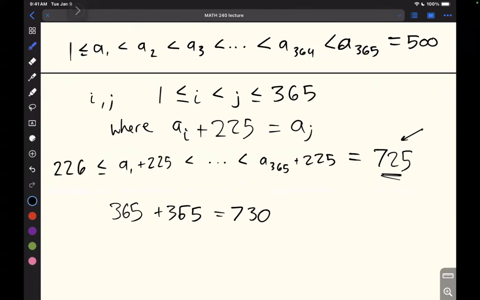They have to be bounded by 725. So 725 is our upper bound. And each of those numbers has to be between 1 and that number. And because we have 730 possible numbers, at least 2 of the 730 numbers have to be equal, right? Pigeonhole principle.